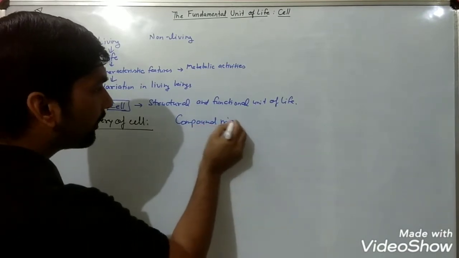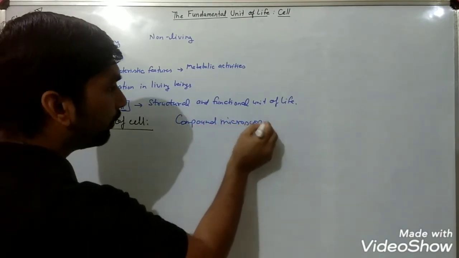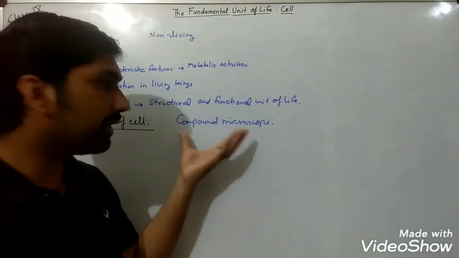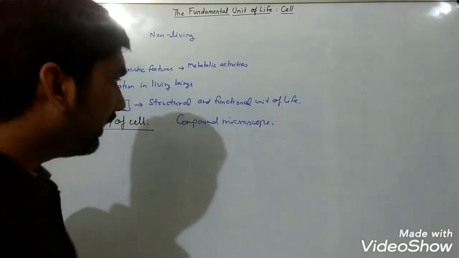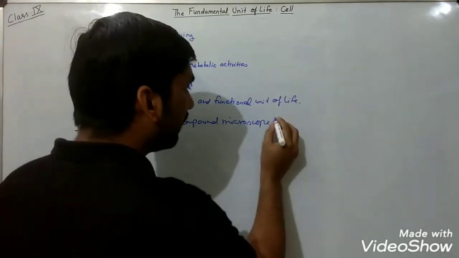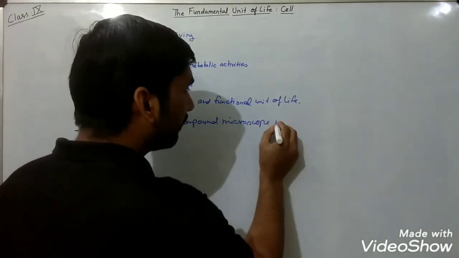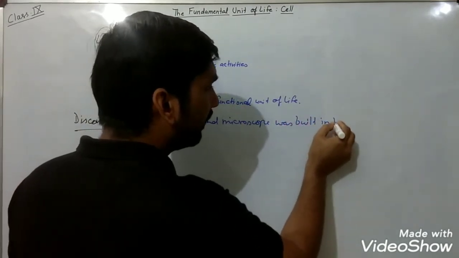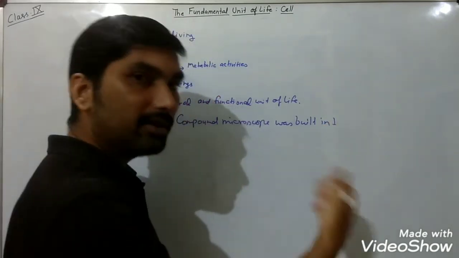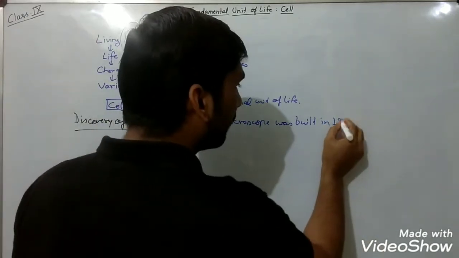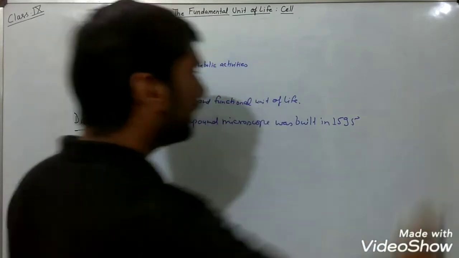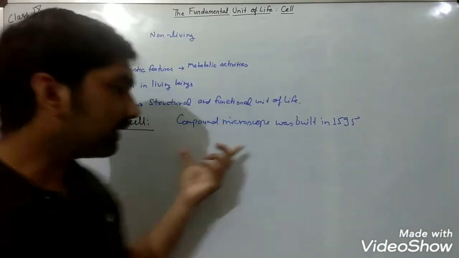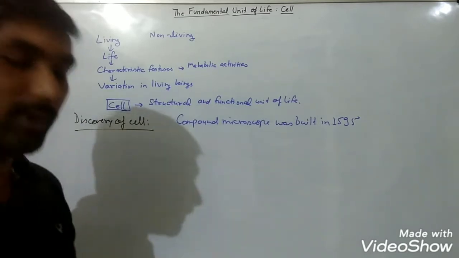We will discuss what these compound microscopes are, but it was built in the late 16th century, in the year 1595, and due to the invention of this instrument, the discovery of cell was possible.